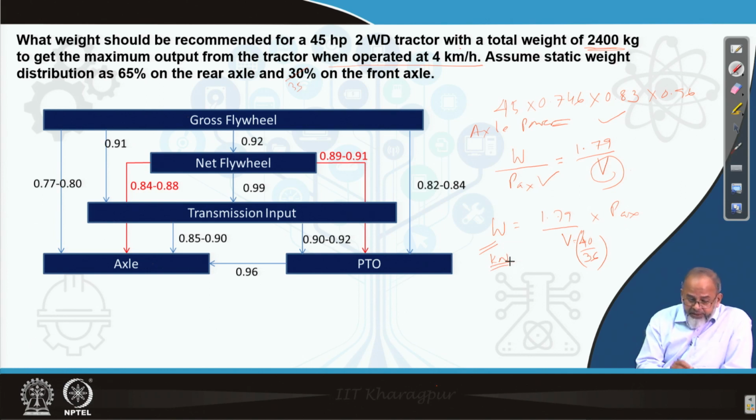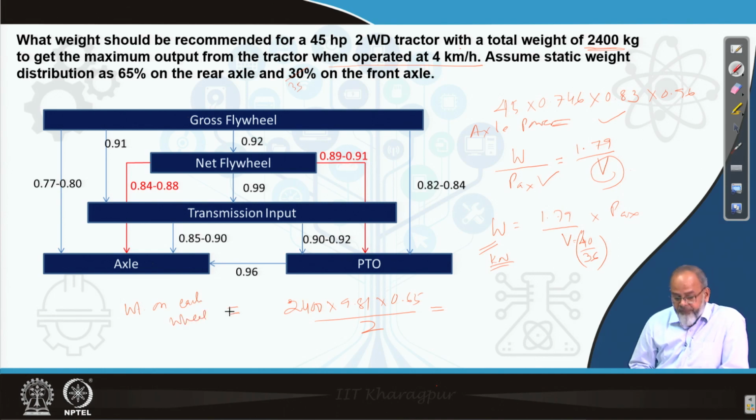Now under static condition we have 65% of the weight. So that means 2400 into 9.81 into 0.65, divided by 2, will give you the weight on each wheel. Suppose this is W rear 1.